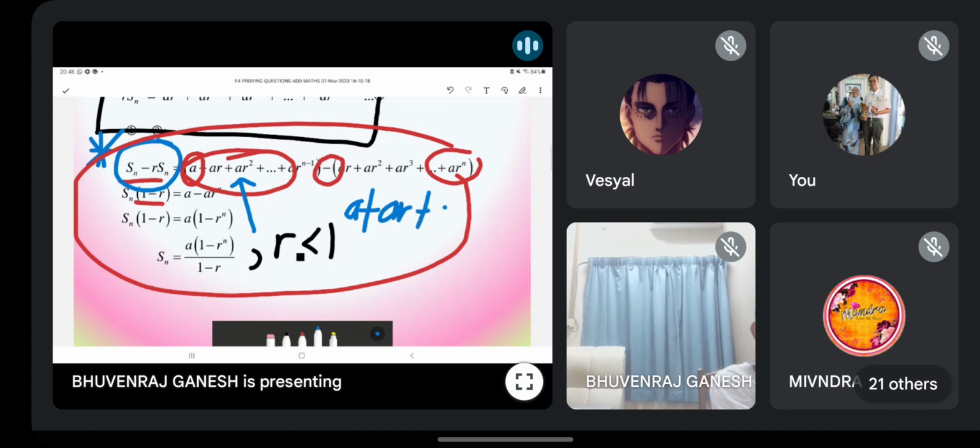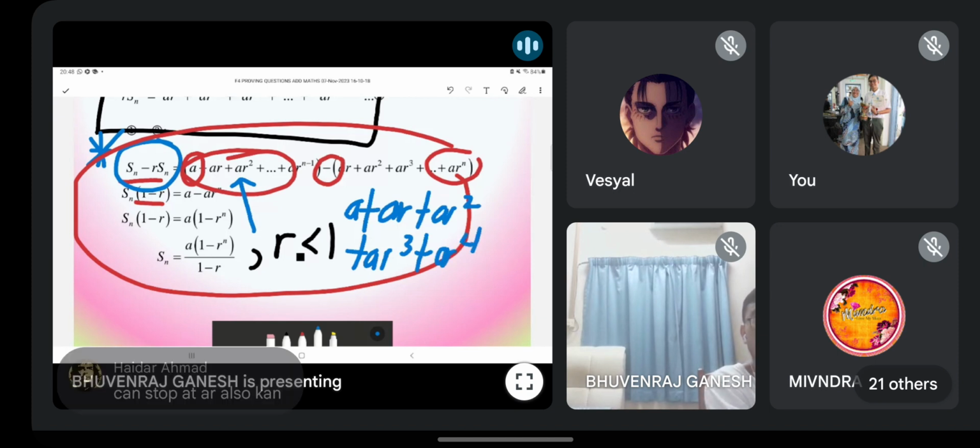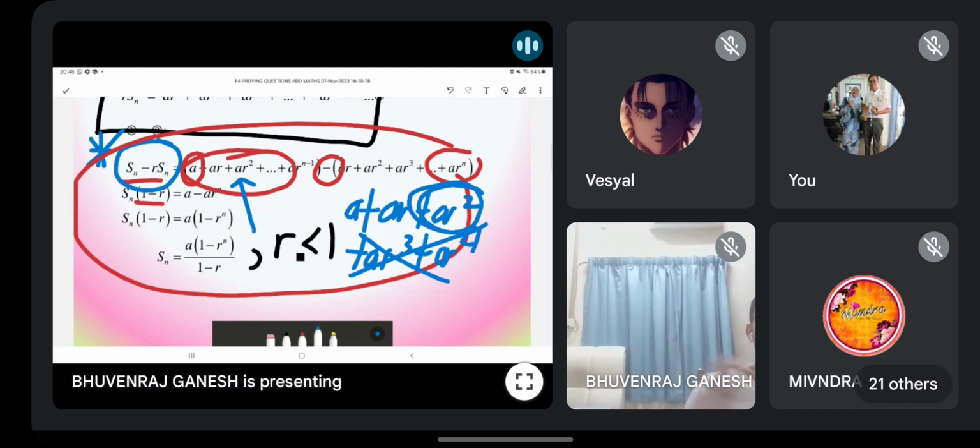A plus AR square plus AR cube plus AR4. No need for so many; no need to write so long. You can directly stop at AR square. At least stop at AR square to be safe. AR square is the maximum; don't go above that. After AR square, directly write AR to the power N minus 1.